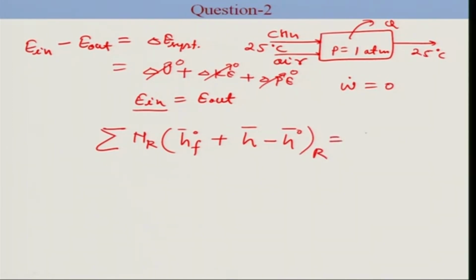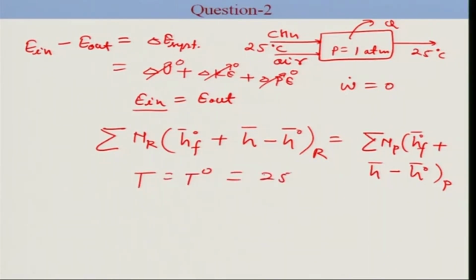Will be equal to number of moles of product stream times enthalpy of formation plus enthalpy at working temperature. So, that is H minus H naught of the product. Since working temperature and reference temperature are same in this case. Okay. T equal to T naught, which is 25 degrees centigrade.